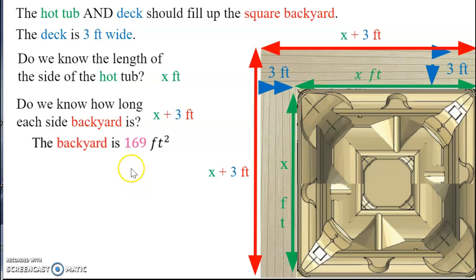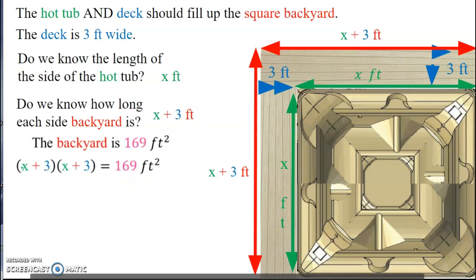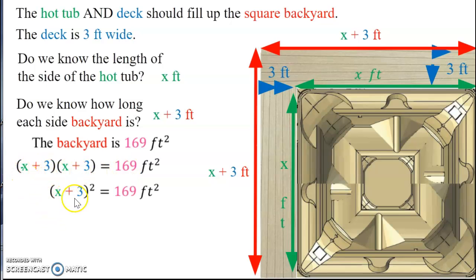So the area of the deck plus the hot tub is going to be X plus 3 times X plus 3, since it's a square. And we know that the maximum is 169. We can rewrite the left-hand side as X plus 3 all squared is equal to 169.